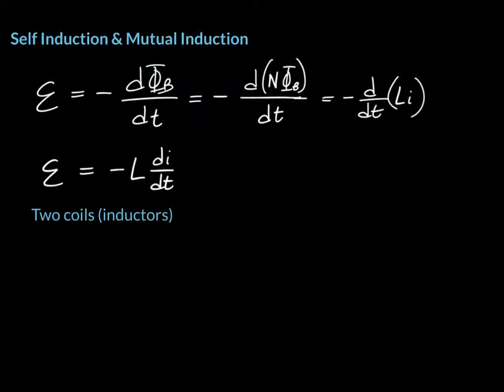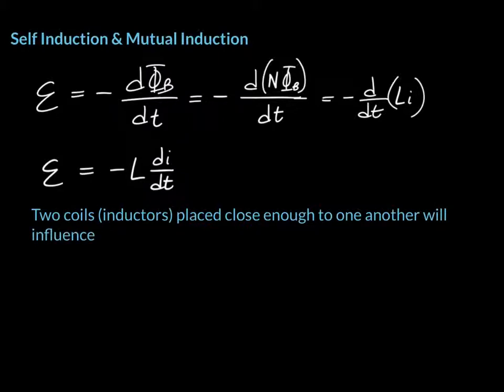Two coils that are placed close enough to one another will influence one another due to changing magnetic flux.